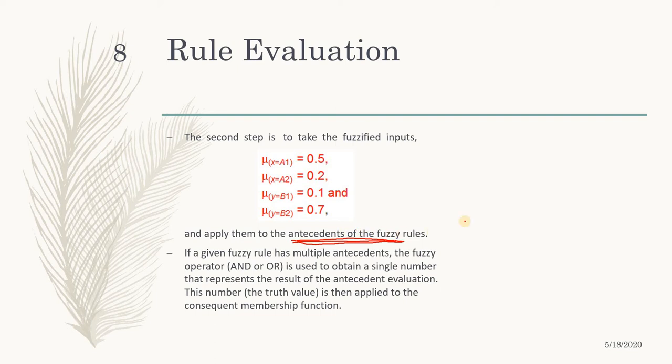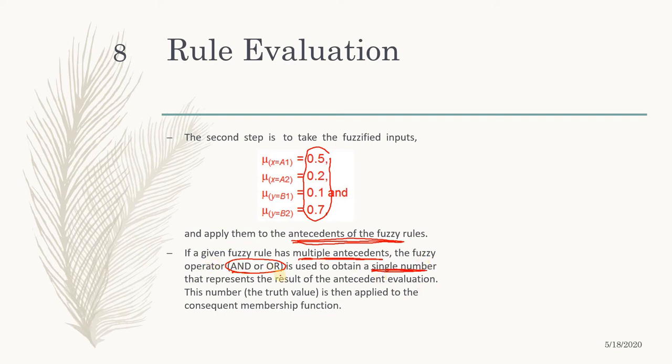We are going to apply them to the antecedent of the fuzzy rule. Based on our fuzzy rule, we put these values into our antecedent. If a given fuzzy rule has multiple antecedents bounded by AND or OR, the fuzzy operator gives us a single number that represents the result of the antecedent evaluation.